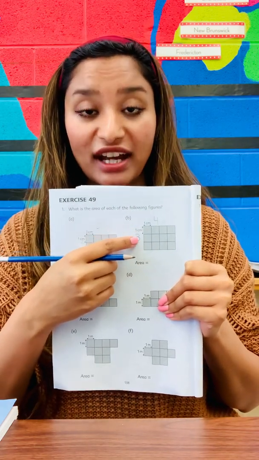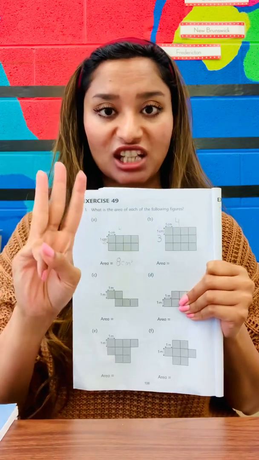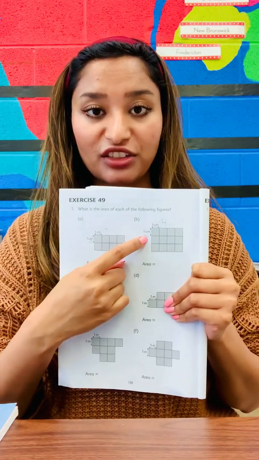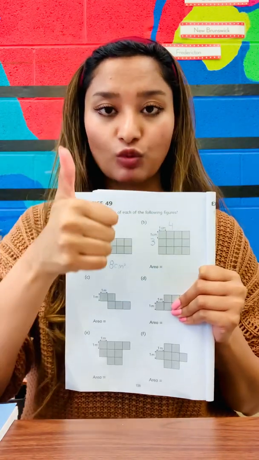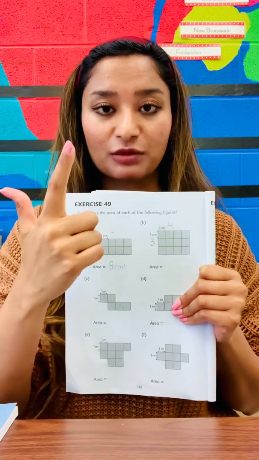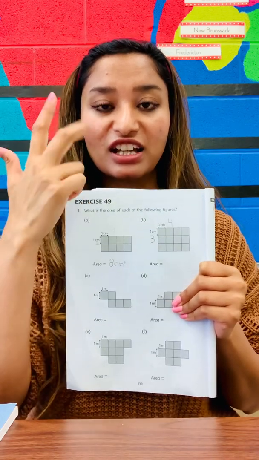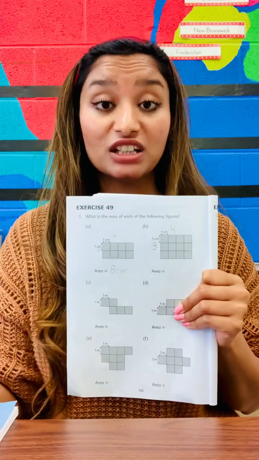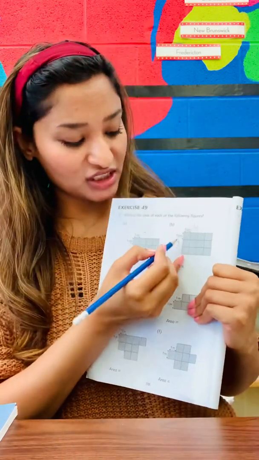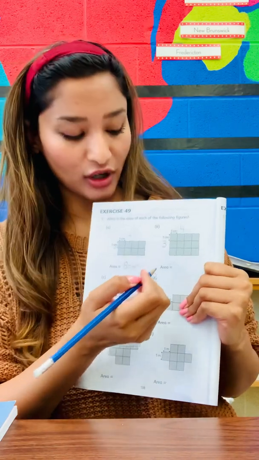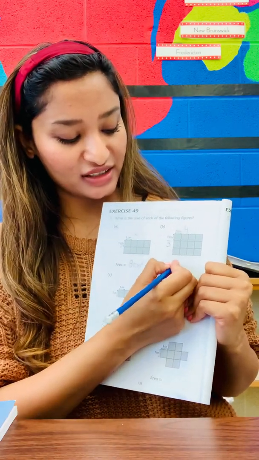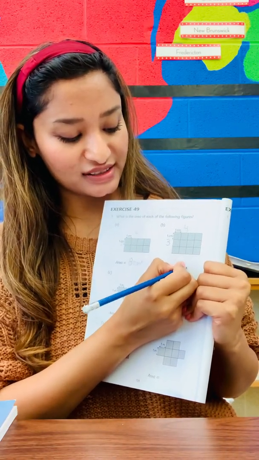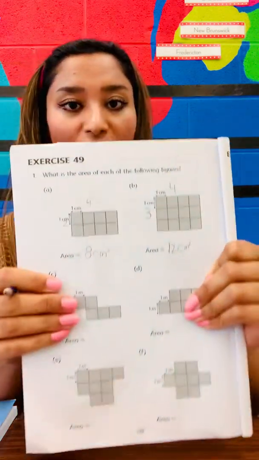Let's say our 3 times table. We need to multiply 3 and 4. 3 times 1 gives me 3. 3 times 2 gives me 6. 3 times 3 gives me 9. 3 times 4 gives me 12. So when I multiply 3 and 4, my area is 12 centimeters squared.